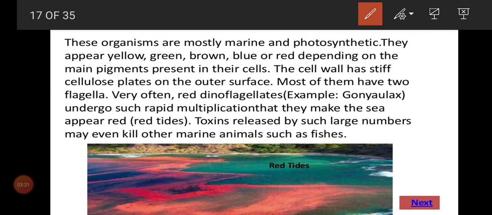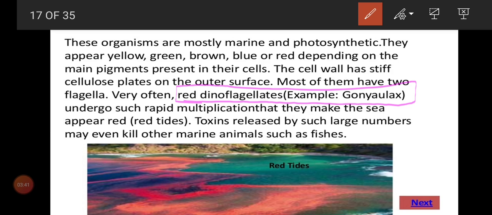What is the common example for dinoflagellates? The common example is Gonyaulax. Normally this is an alga that continuously grows within a short period.